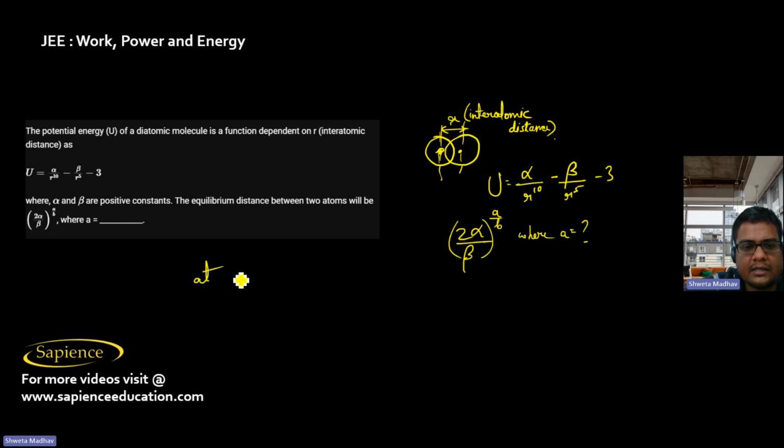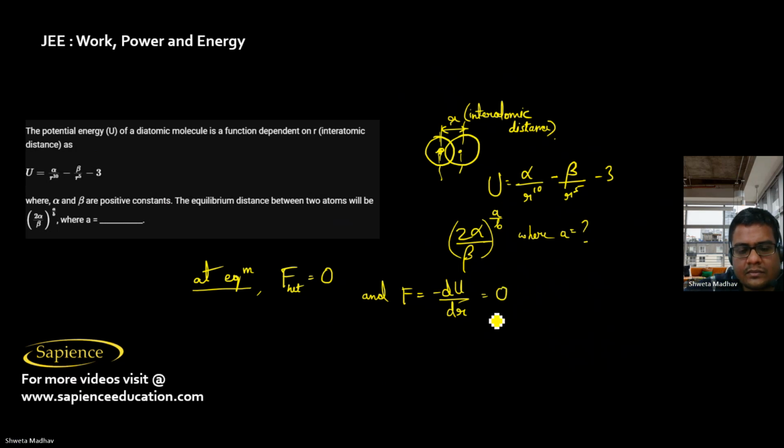So at equilibrium, as you know, the net force acting should be 0. And we know that force is equal to minus dU by dr. So that should be 0. Then that value of R we have to find at which the force is 0.